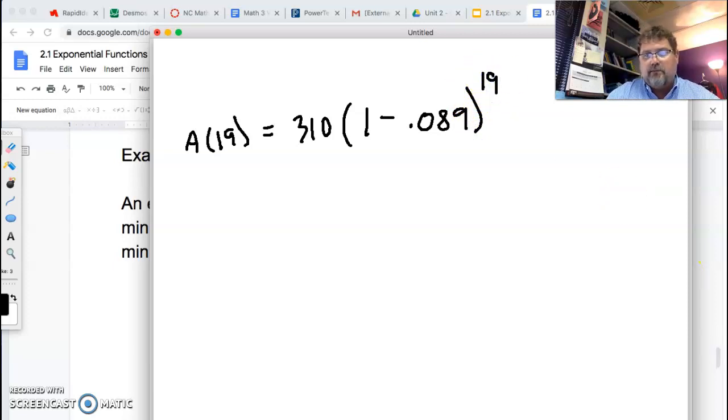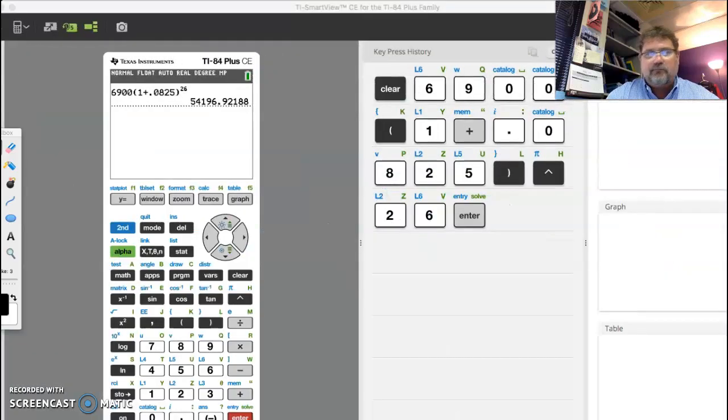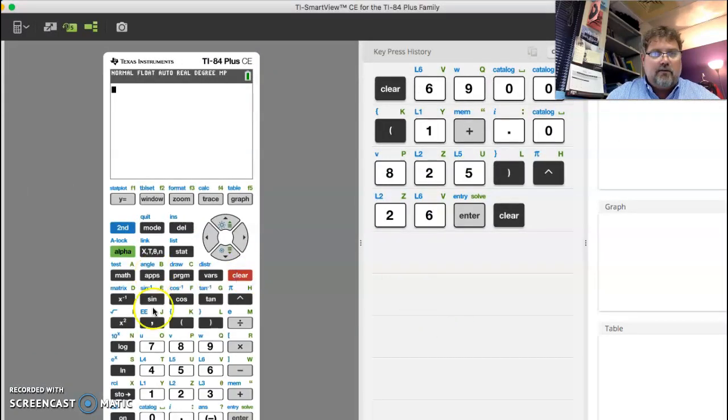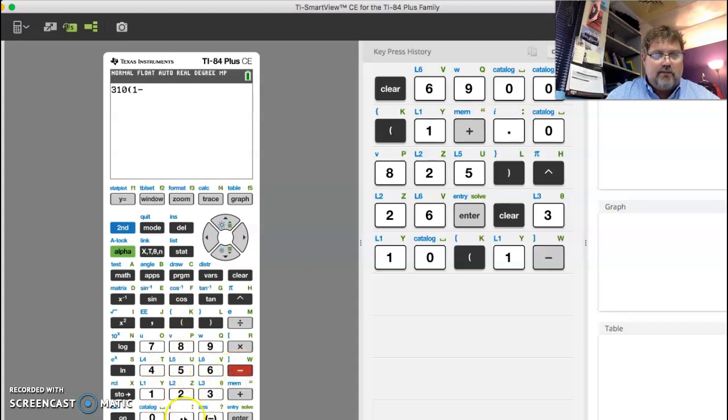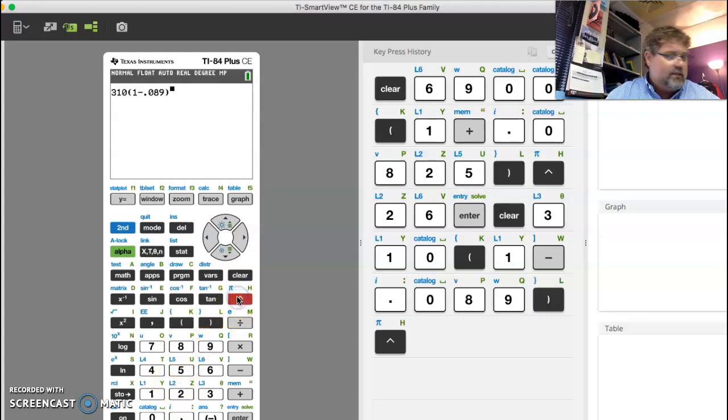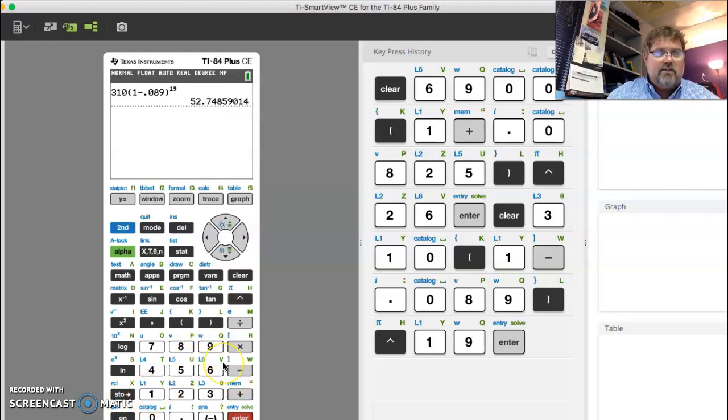And let's see what we get. We'll clear this guy out, and we'll put this one in. 310 times 1 minus 0.089, raise that thing to the 19th. And we get 52.7 grams.